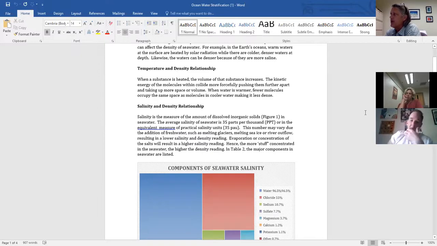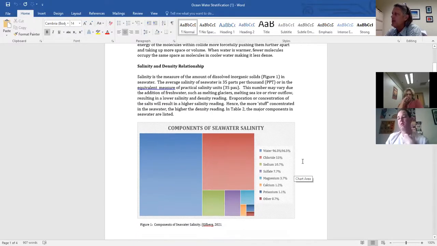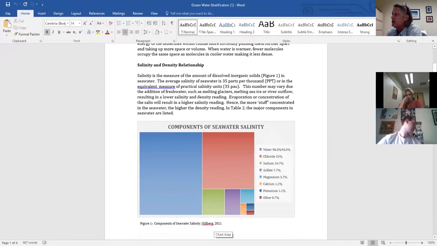Salinity is how much dissolved solids are in the water. And the average salinity of the ocean is 35 parts per thousand. We covered that. This chart here shows you the makeup of seawater. Just brief, we've gone through it in class. Remember, chloride is the number one dissolved solid, where sodium is number two.